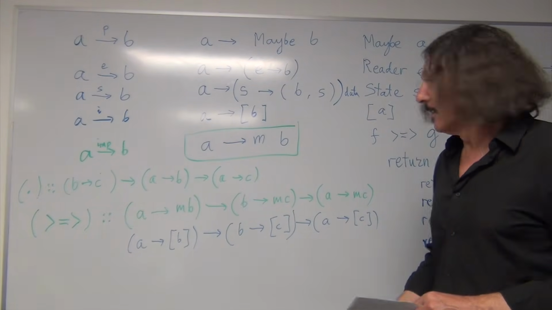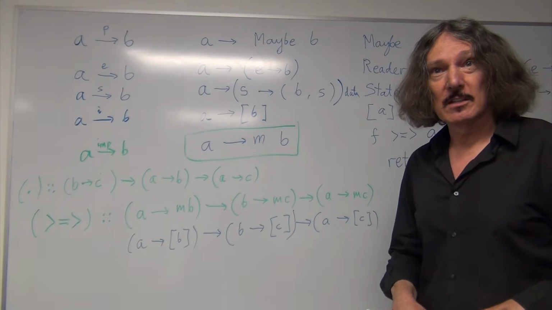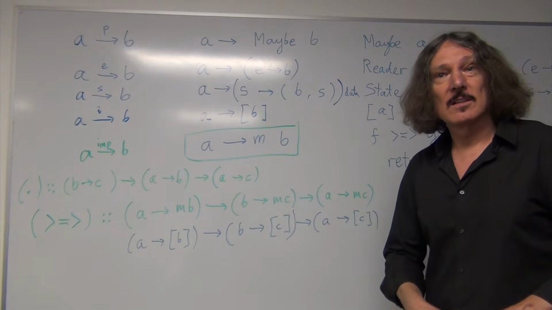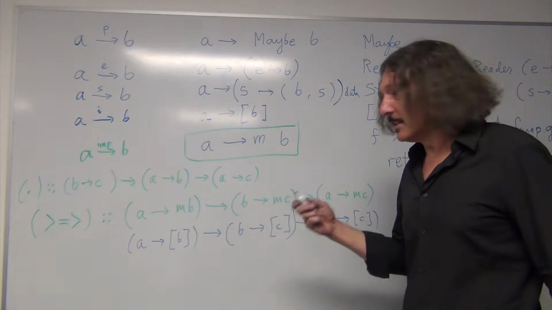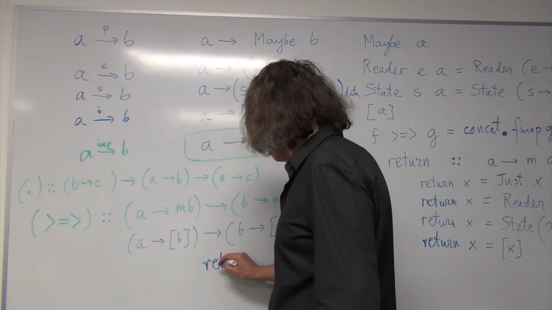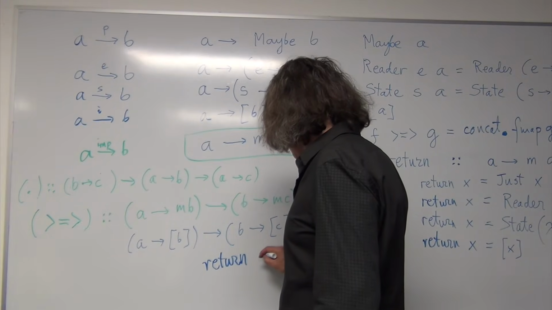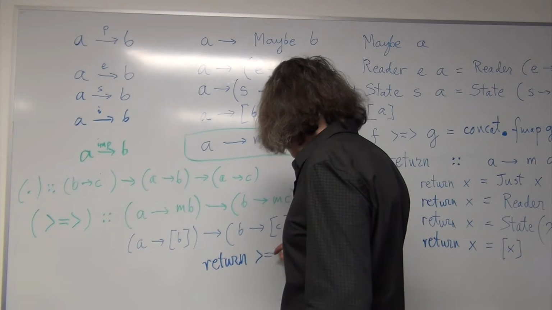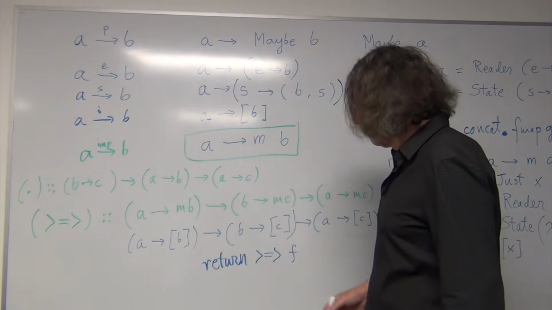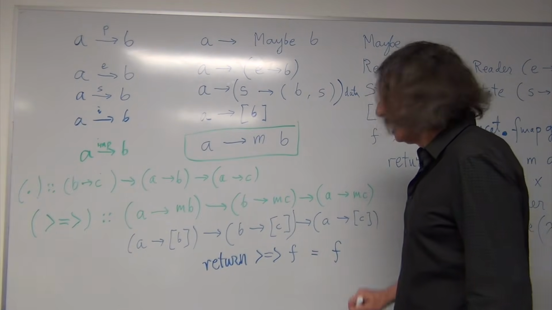Okay, one final thing. If we want this to be really, really nice composition that has identity, we want this to be an identity, which means return fished with any function, any Kleisli arrow, should return this Kleisli arrow, right?